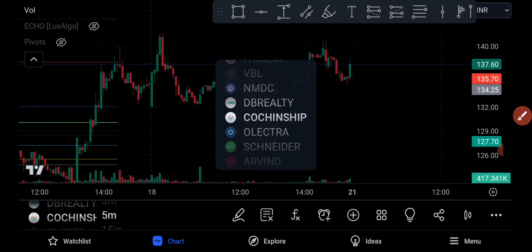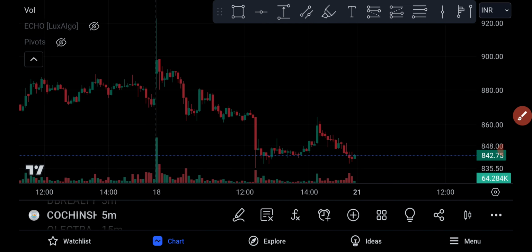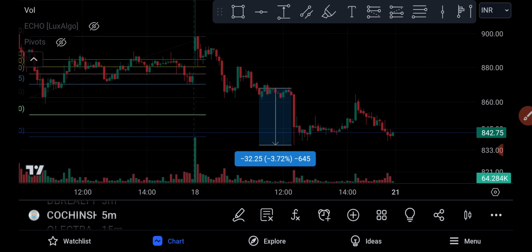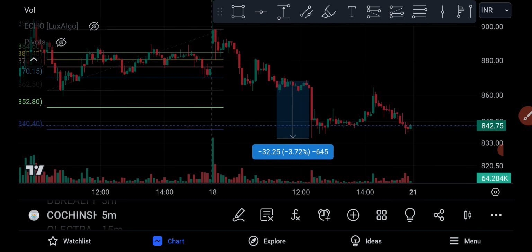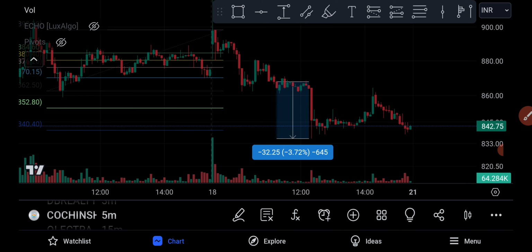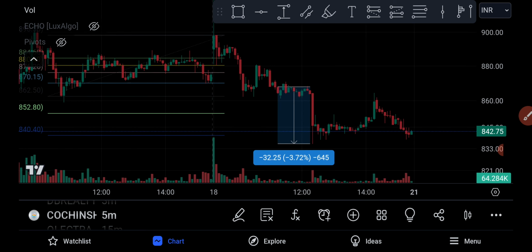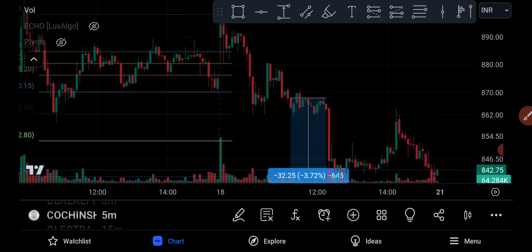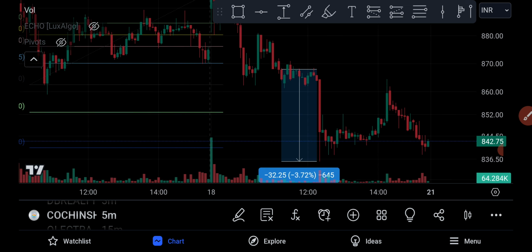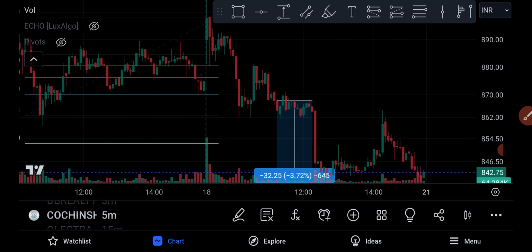Next, Cochin Ship. This gave us the perfect 3%, but again the volatility could blow you up.